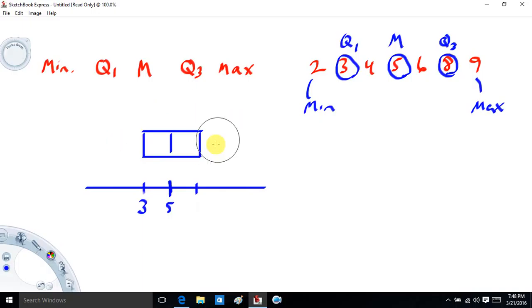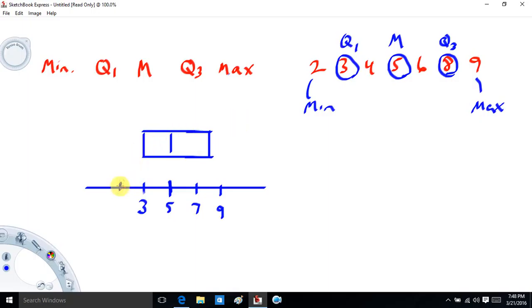So if each of these represents 2, this would be 7, that would be 9, so 8 would be right there. So this is your third quartile, this is your first quartile, and this is your median. And the lines that would extend from the box, they extend to the minimum.